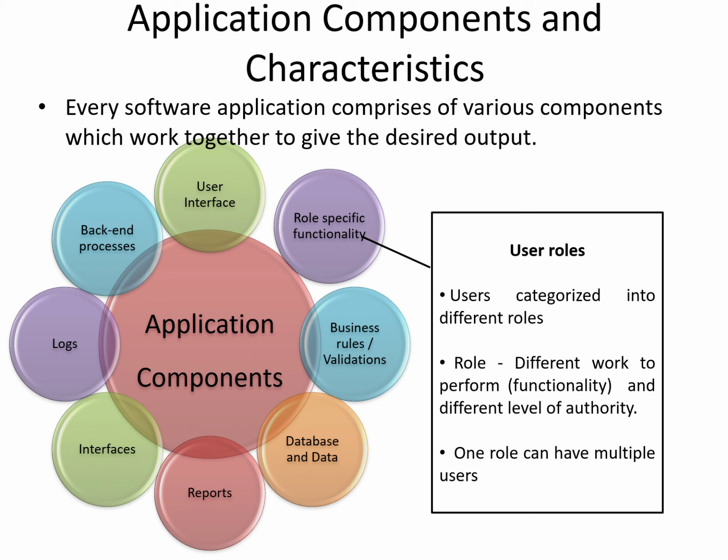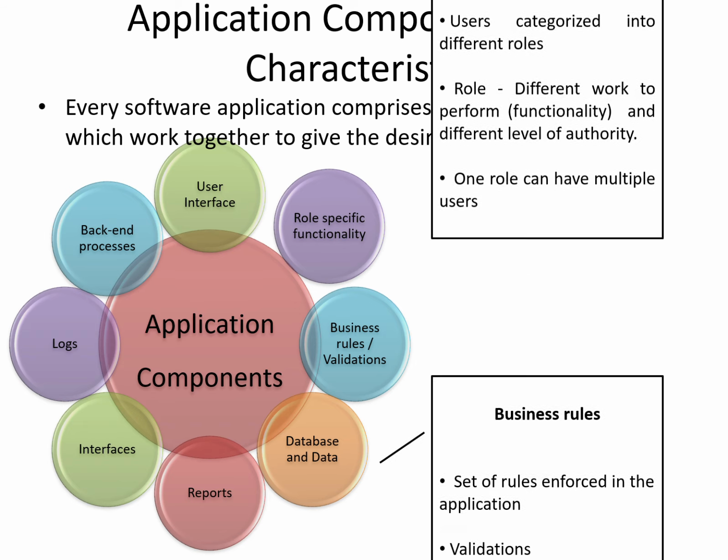That HR can create an employee, but that employee will have limited access, maybe uploading a photo, providing some information, applying for leave, or filling up timesheets. But that employee will not have access even to view the leaves applied or the timesheets submitted for all the employees. This is how role specific functionalities differ, and in testing we need to consider those.